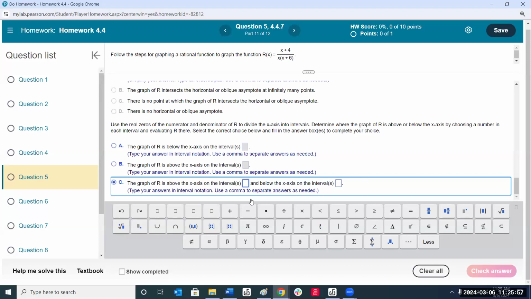Okay, so this one is -6 to -4, comma, 0 to infinity.